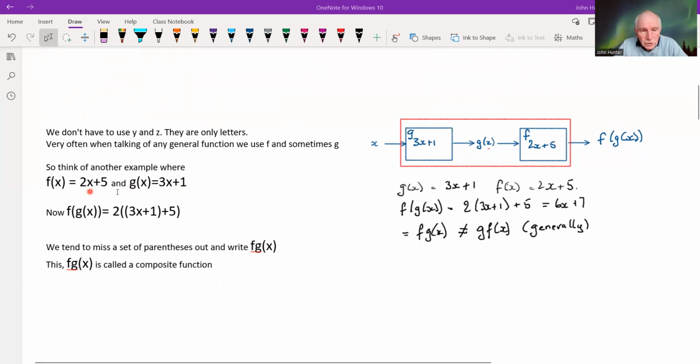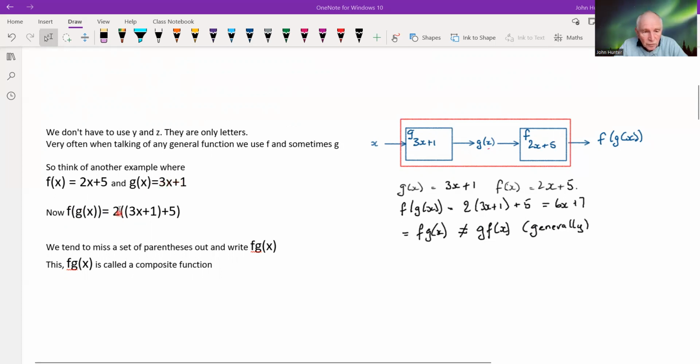So if we put these two together, then what we're saying is that f of g of x is, well, we're going to substitute g of x, i.e. 3x plus 1, into here. That's the crucial point, because instead of x, we're putting in g of x, and g of x is this.